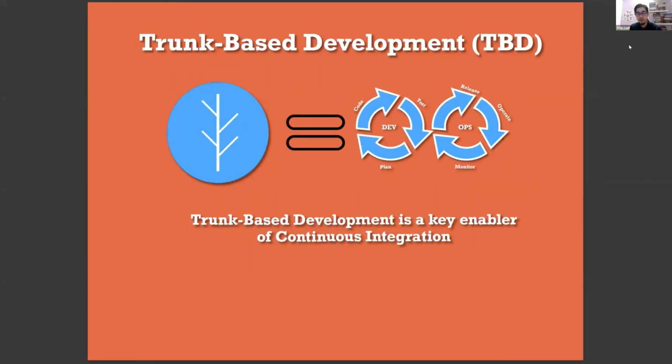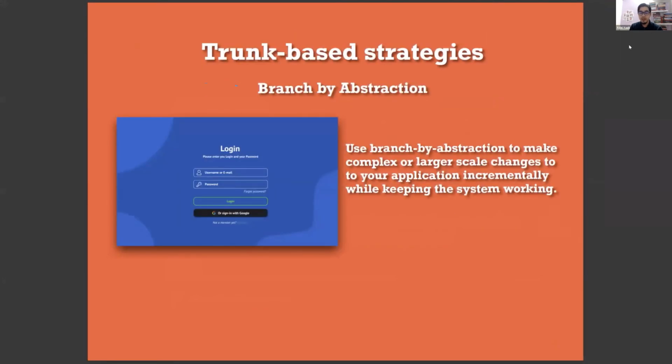So trunk-based development is the key enabler of continuous integration. In order to use trunk-based development correctly, you need to adopt its strategies. There are 3 strategies that I know: one is branch by abstraction, the second one is feature toggles, and the third one is fast forwards. In this talk, we will explain branch by abstraction and feature toggles.